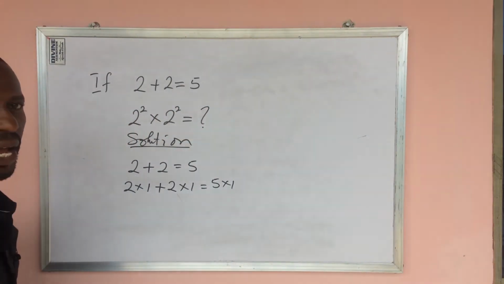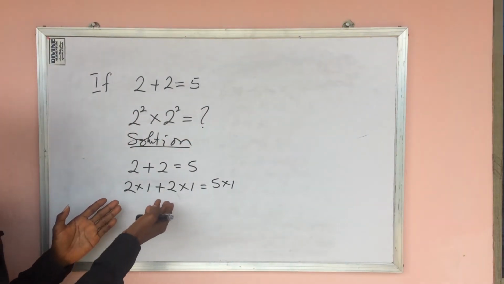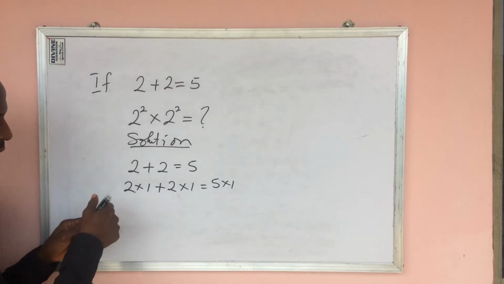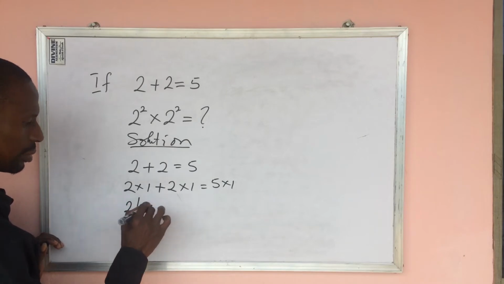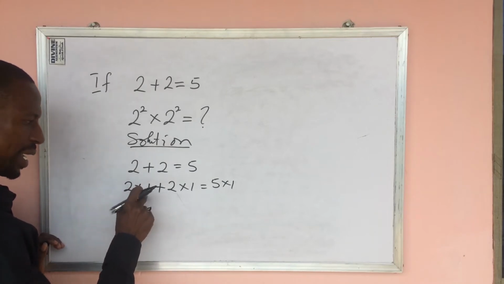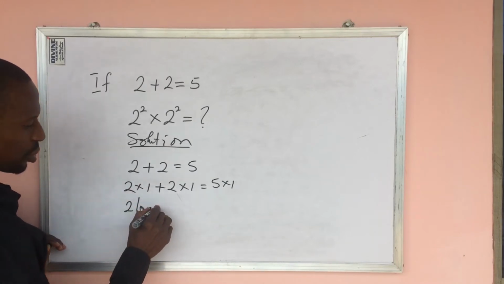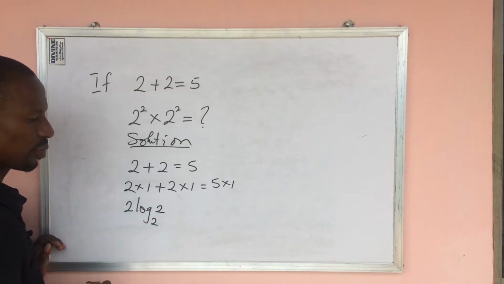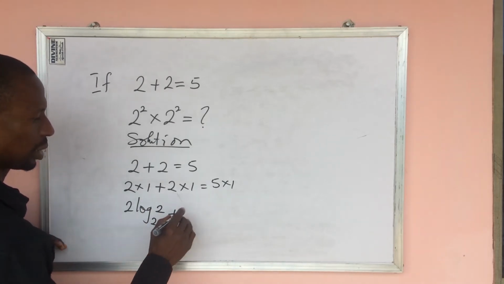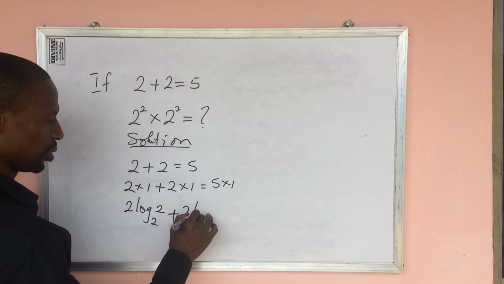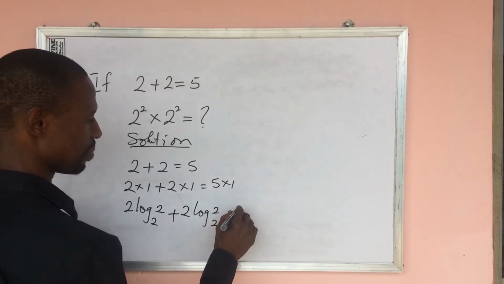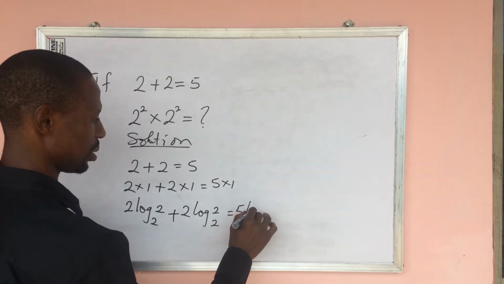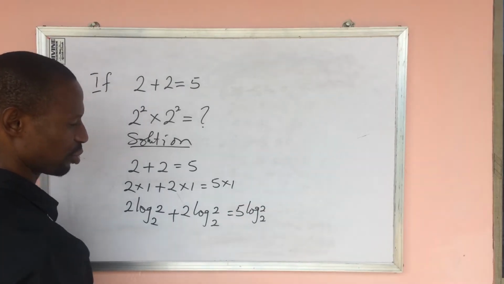So from here, if I decide to introduce logarithm, this will now become 2 log 1 here is going to give us 2 log 2 base 2 plus 2 log 2 base 2, and the same thing happens here too, 5 log 2 base 2.